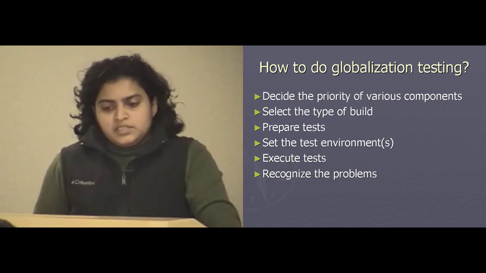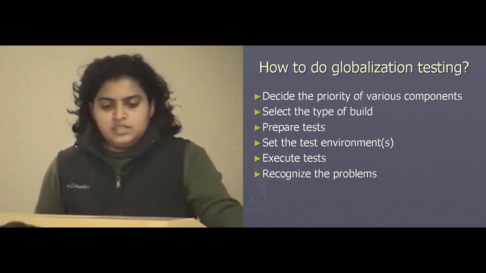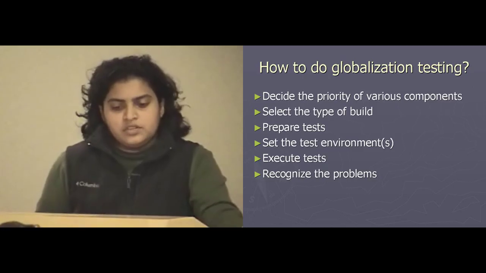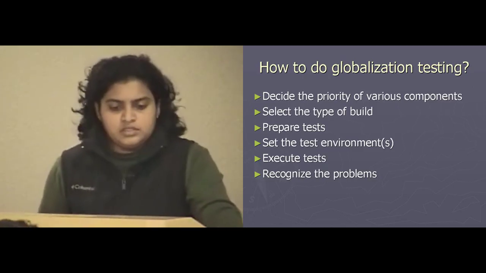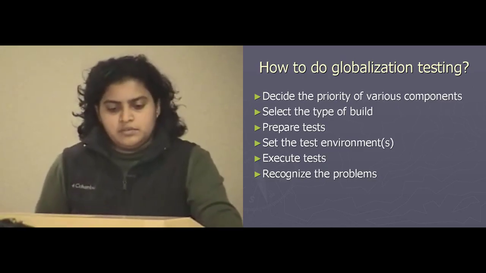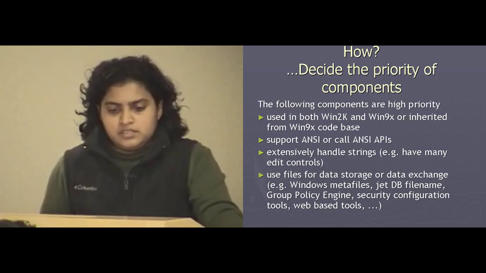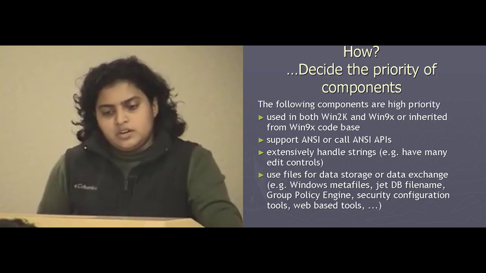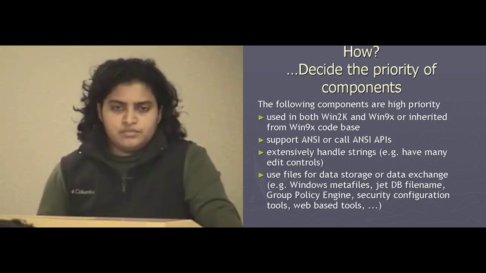Now to do globalization testing, the things we need to do are to decide the priority of the components, select which build you want to test it on, prepare your tests, set the environments, and then start executing your tests. To decide the priority of the components, these are loose guidelines.